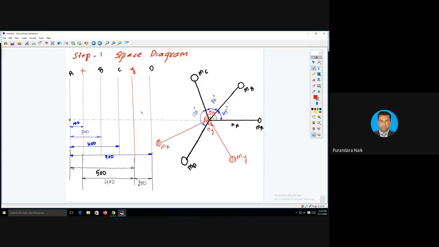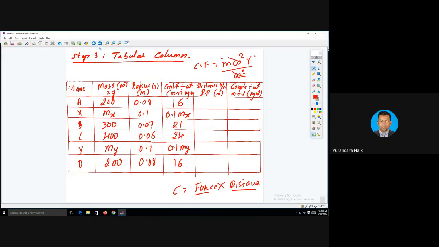With respect to that plane, we need to consider all the couples. So that's why he's asking, what is the reference plane? Distance of the particular plane with respect to the reference plane. This is distance from the reference plane.